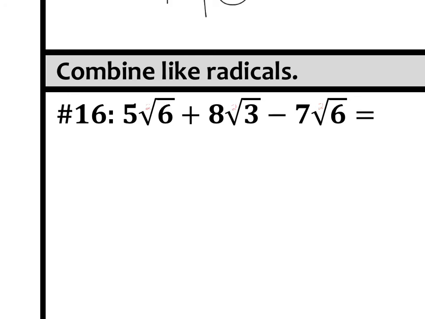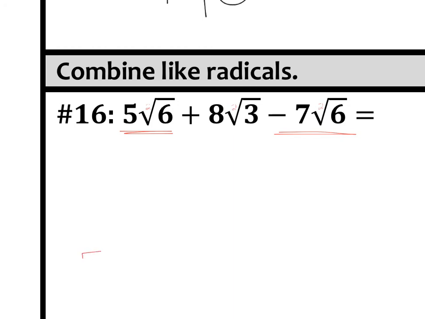Sometimes they're helpful. We can tell that both the first term and the last term are alike because the radical itself has the little root number of 2, or the index of 2, and then the inside number is a 6. So we have 5 times the square root of 6, and we have negative 7 times the square root of 6.